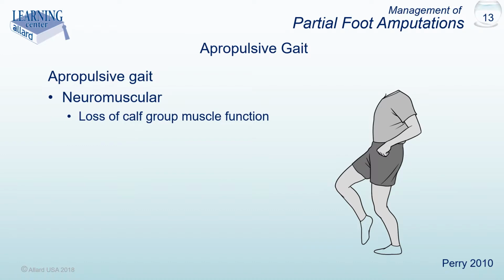When there's a lack of power crossing the ankle, the resulting condition is referred to as apropulsive gait. There are three broad categories of medical diagnoses that can result in apropulsive gait. The first is neuromuscular dysfunction of the calf group that is commonly seen with a diagnosis such as CVA. If the calf group isn't functional, the patient can't propel the foot off the floor.